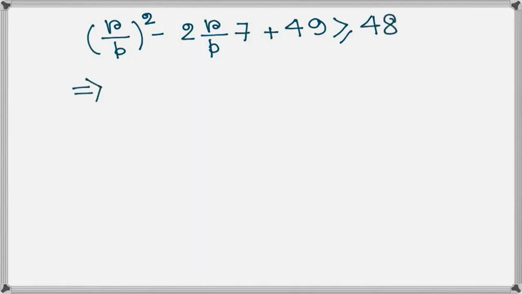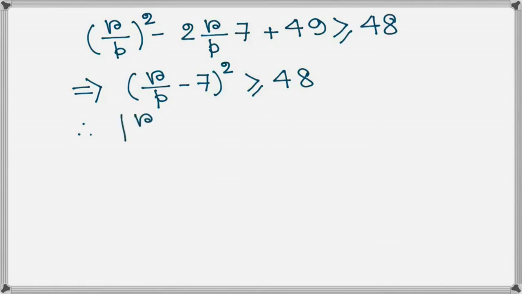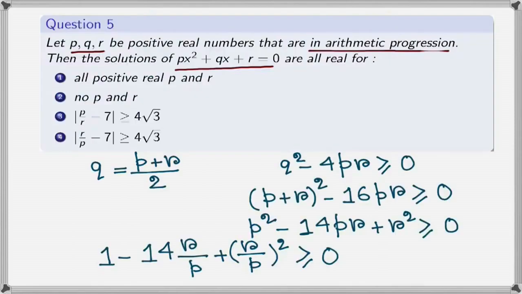So therefore we have (r/p - 7)² ≥ 48. So we can conclude that |r/p - 7| ≥ 4√3. So we can see that the fourth option, |r/p - 7| ≥ 4√3, is correct.